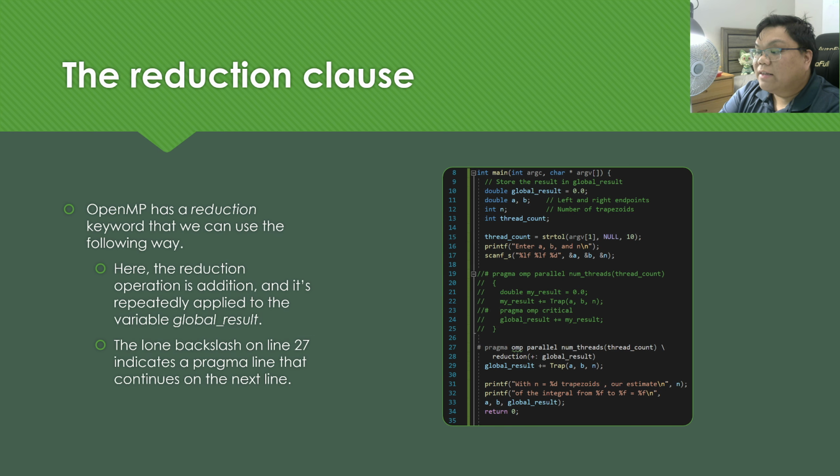If you want to rewrite this section of code using a reduction clause, here we go. Now we have condensed our two directives into just one directive. Now the code looks no different than if this was serial code.